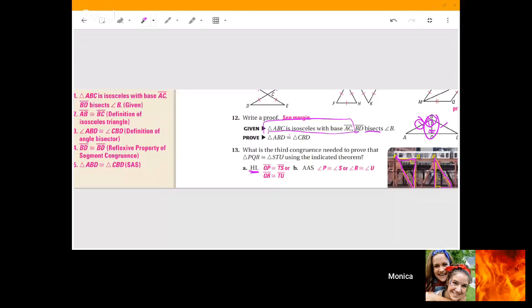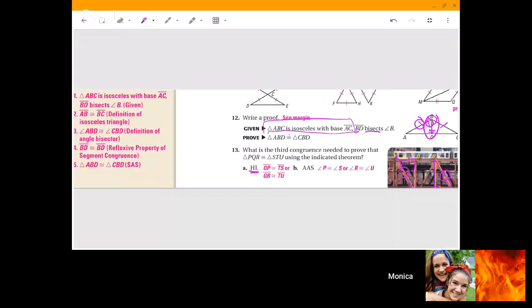You need to know that they both have 90-degree angles. You need to know that their hypotenuse and their legs are congruent, okay? So it's marked that they both have the 90-degree angles here and here. And it's also marked that the hypotenuses are congruent, right?